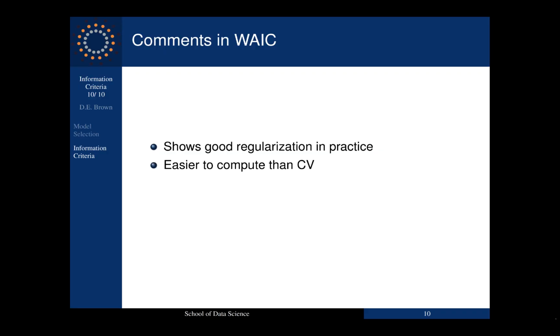It's easier to compute than cross-validation, so we don't have to go to full-up cross-validation to find it, which means that we can get this result just like we can get AIC. It's a little more computationally intense than AIC, but it's still easier to compute than cross-validation and therefore much easier to use for large data set problems. Another big advantage is that WAIC closely approximates cross-validation in the leave-one-out sense.